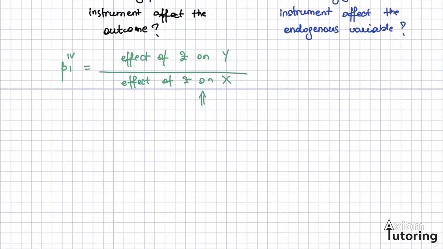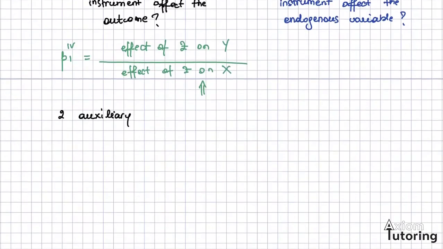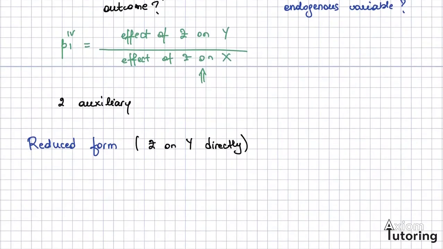The two auxiliary regressions are the following. We've got the reduced form, and the reduced form is a regression of z on y directly. So we're imagining y equals gamma 0 plus gamma 1 z plus some error term r.